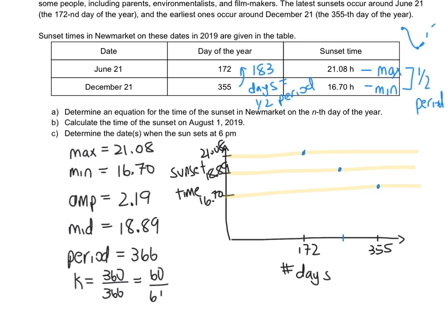So if I know that my period is 366, I can divide it by 4 to get those key point values. So when I do that, I get 91.5. So every key point occurs 91.5 days apart. So if I just add 91.5 to 172, I get 263.5. And then if I subtract 91.5 from 172, I get 80.5 for my next midline point.